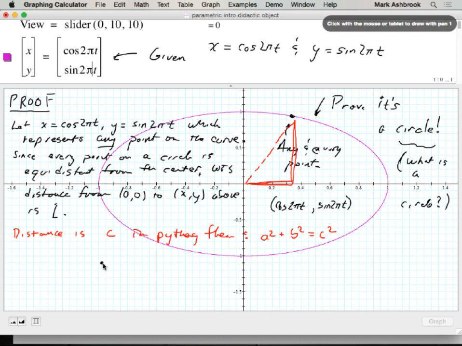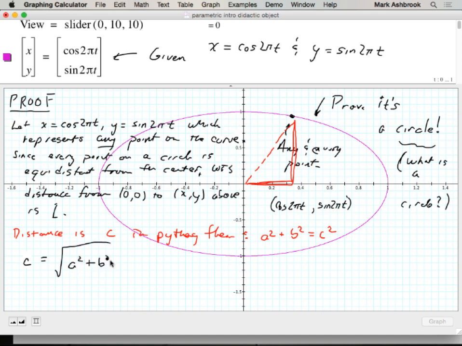And so, c equals what? C equals the square root of a squared plus b squared.